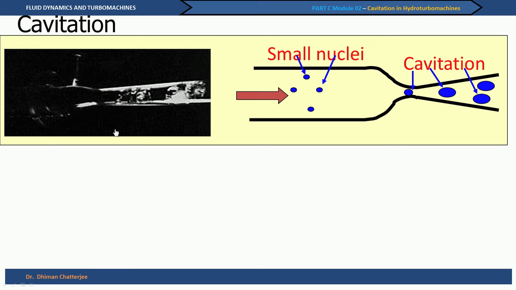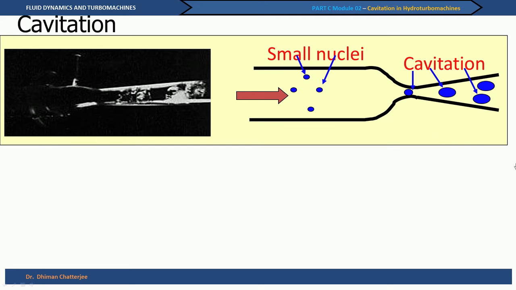So, this left side is a photograph of a venturimeter in which the flow is taking place from left to right, and we can see the white patches on the screen which are the bubbles, and to make it clear we have this schematic here.